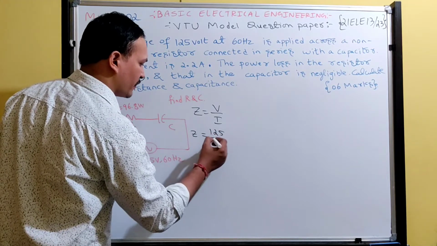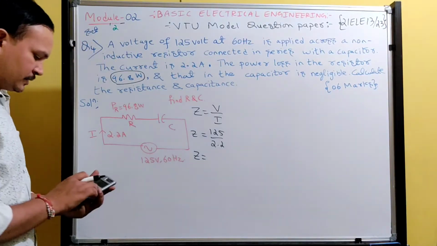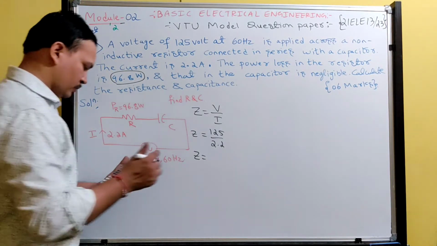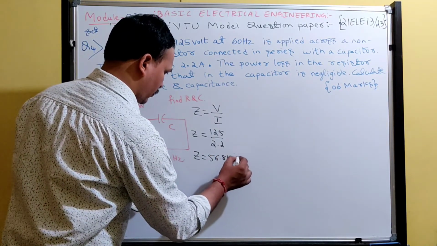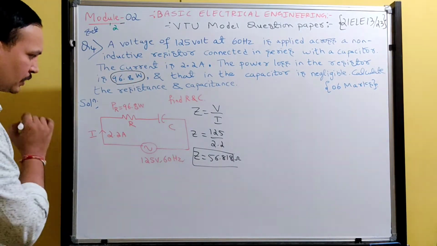The voltage is 125, the current is 2.2. So impedance is 125 divided by 2.2, which is 56.818 ohms. This much is the impedance of the circuit.